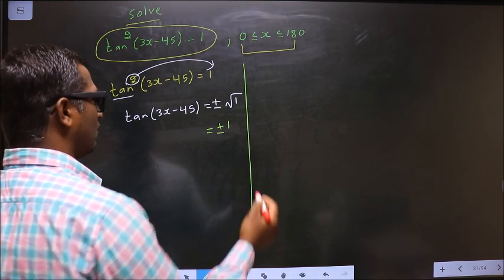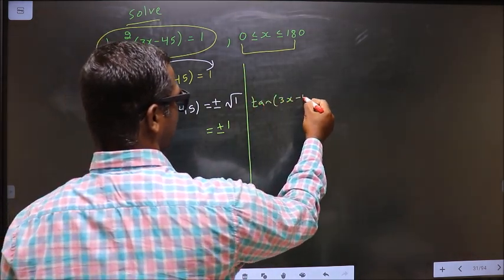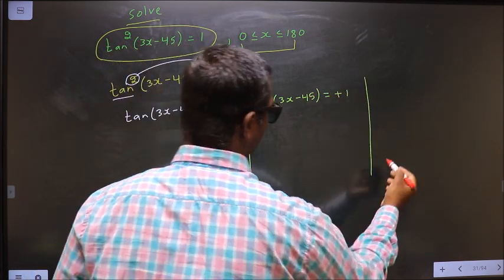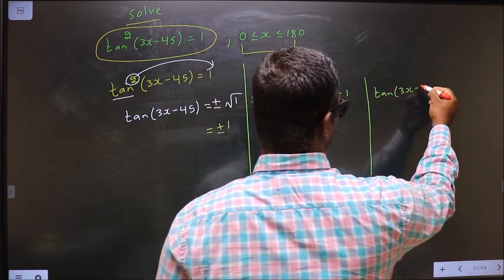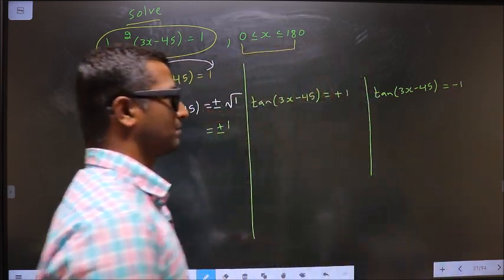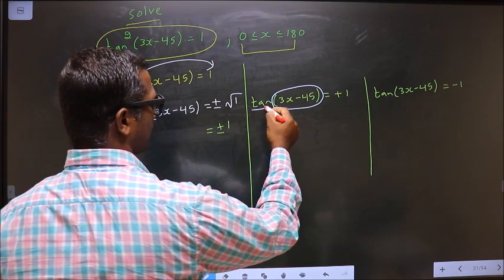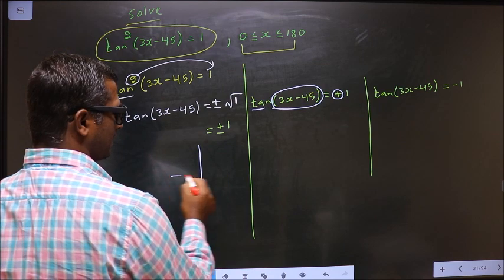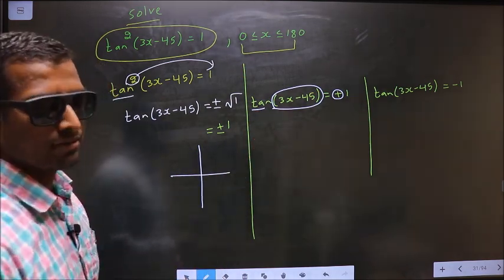So now we got tan (3x minus 45) equal to plus 1, and tan (3x minus 45) equal to minus 1. Now to get the values for this, here we have tan and here it is positive. Now you should check in what all quadrants tan is positive.